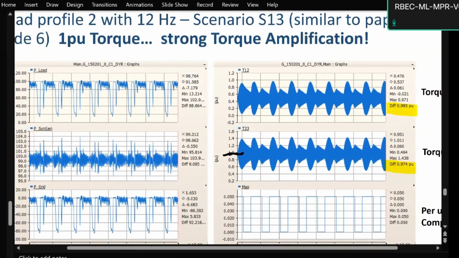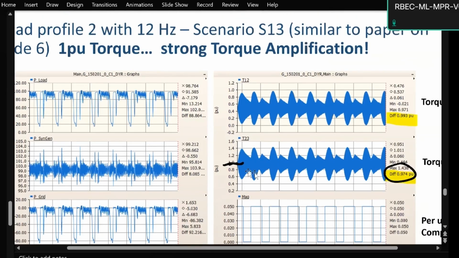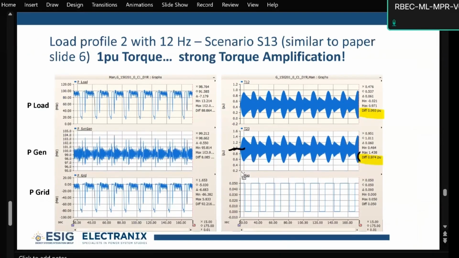So we're getting an extra 1 per unit torque added to the existing torque: 100% torque amplification for a load profile that isn't wild. This is not out of the realm of possibility. That's this number along the bottom: load profile 2 with 12 hertz oscillations added to it.